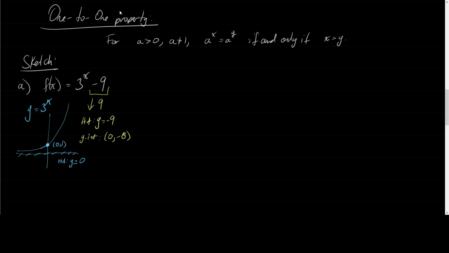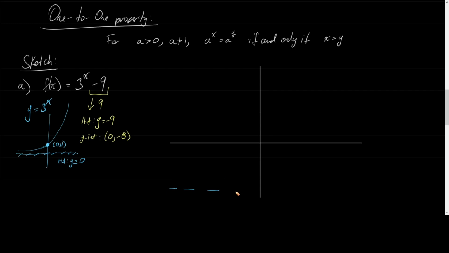So what does that look like? Let's draw that better. We have a horizontal asymptote of y equals negative 9. So let's say something like this. Oh, let's fix that.